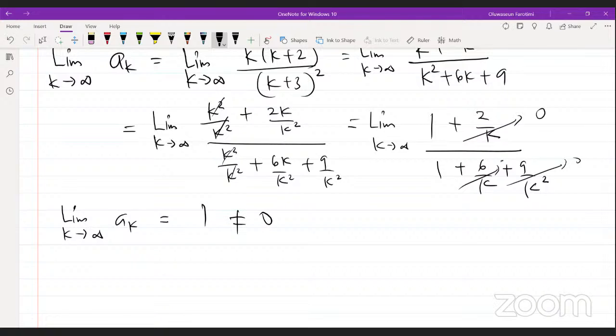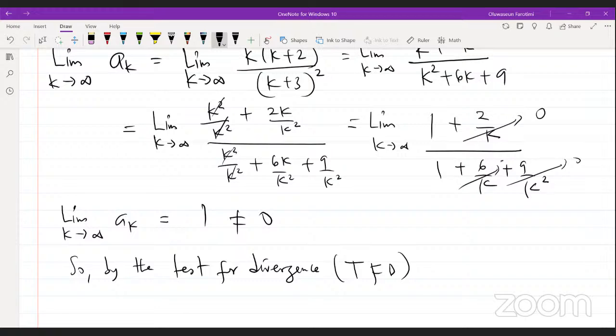No. So by the test for divergence, in some textbooks you use the acronym TFD, test for divergence, the series diverges.